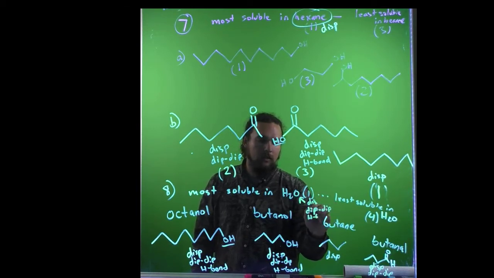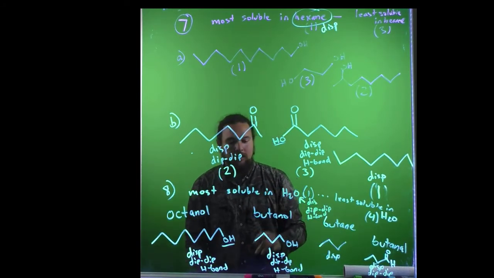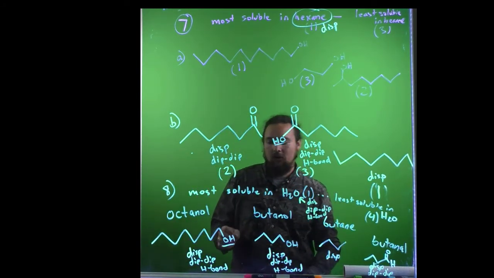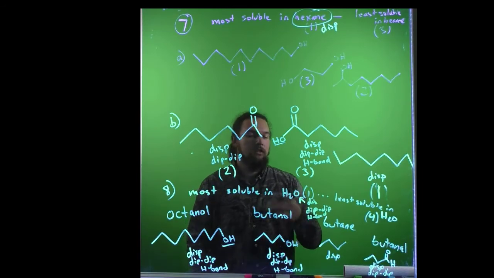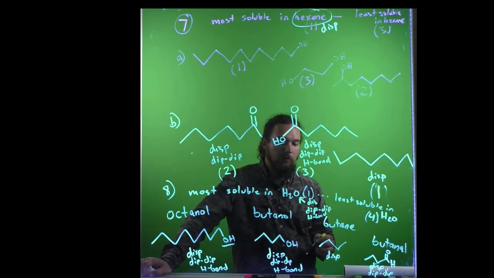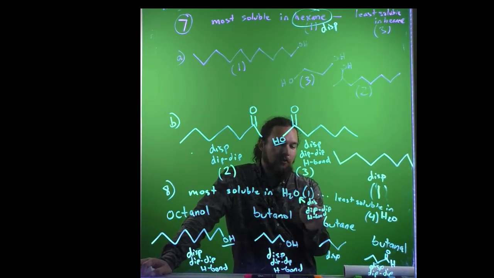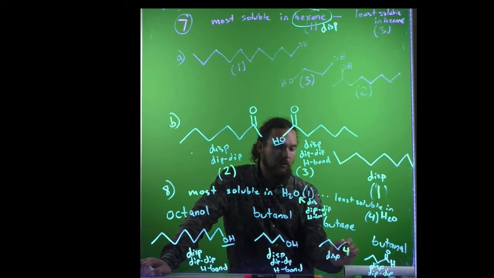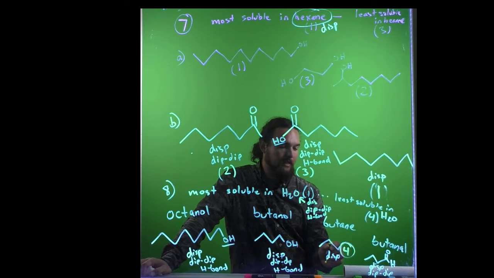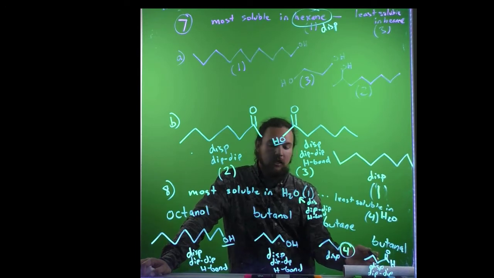Therefore, remember we always say like dissolves like. Things that are similar dissolve in similar things. So since water has 3 intermolecular forces and this one only has 1, this would be the least soluble of the 4. Even if I made this longer, as it gets longer, it gets less and less soluble. This one over here doesn't have as many intermolecular forces, so this would be number 3.